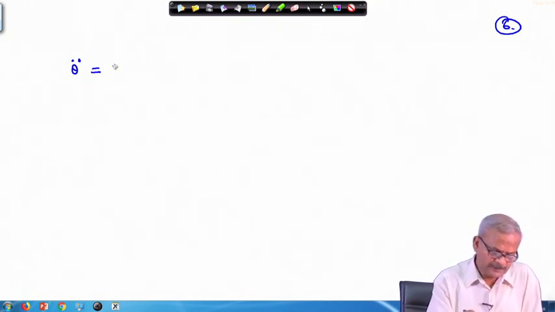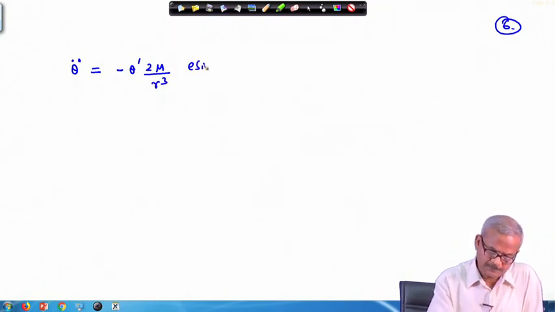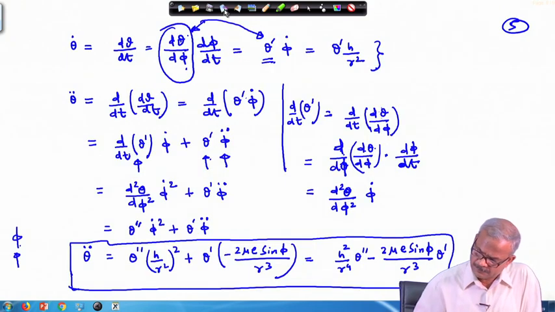Now, we write the equation, therefore, theta double dot equal to minus theta prime 2 mu by the previous equation we have written, e sin phi plus mu by r cube, and this is the whole thing we are writing.